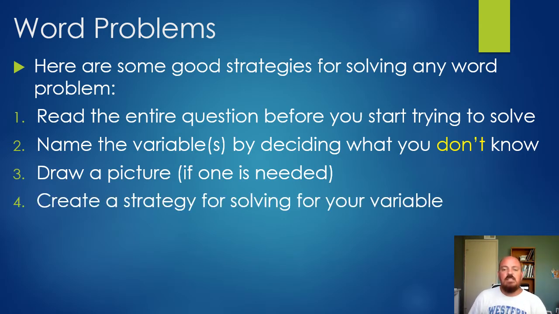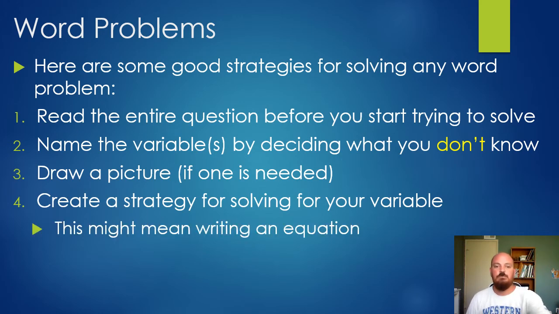Number four, create a strategy for solving for your variable. In number two, you said X is the price of something. How are you going to solve for X? What's your strategy? Am I going to take the number of things I sold and multiply it by the price? Just come up with a verbal model, a strategy. That might mean writing an equation. It doesn't always, but it could.